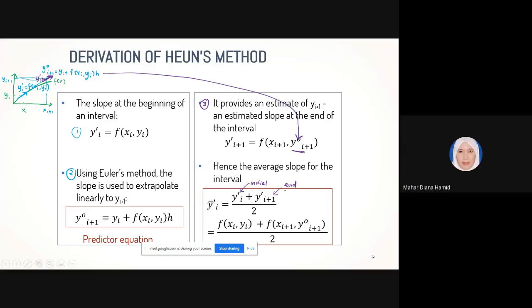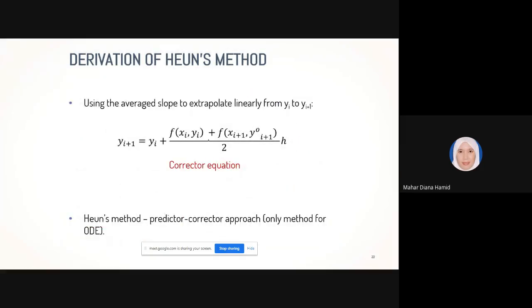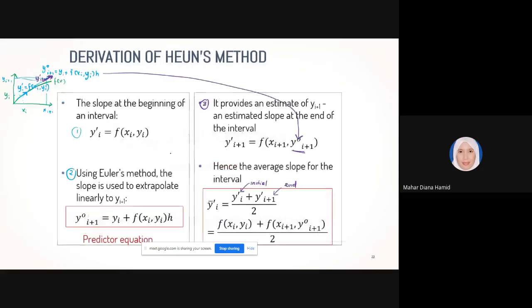Then we are going to use that average slope to extrapolate linearly from yi to yi plus 1. At the end, this new slope is the average slope.